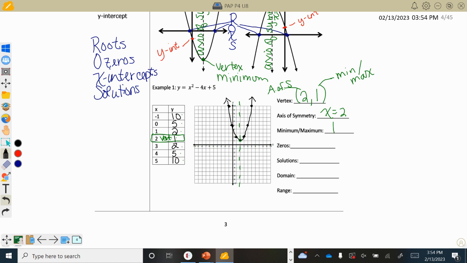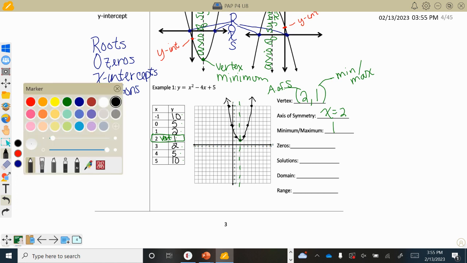So each of the points around the axis of symmetry are mirrored, so they're equidistant. So if I go 2 units to the left of the vertex, that y value will be mirrored 2 units to the right of the vertex as well.